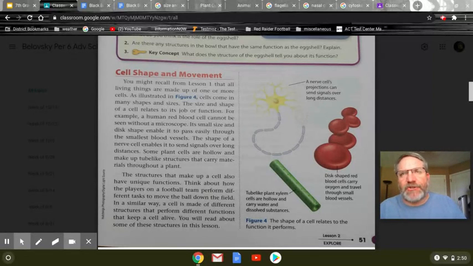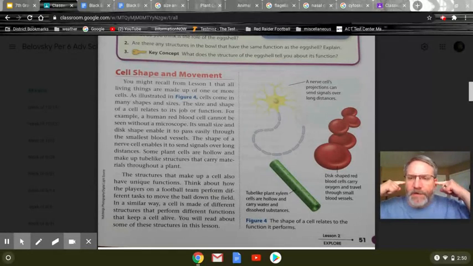That's how messages move throughout your body, from your brain to your hand. Anything that is associated with your senses deals with nerves usually. So hearing, the sense of sight, the sense of smell, the sense of taste, and touch, those deal with nerves.